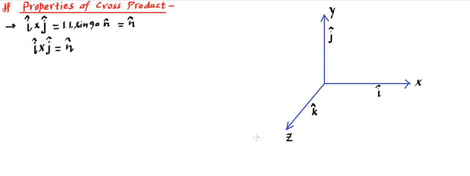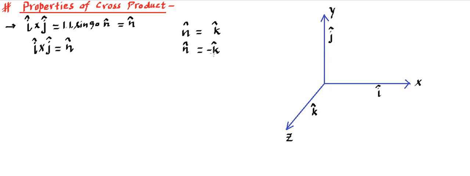That means either it will be in the outward direction, the z direction, or it will be in the inward direction, the minus z direction. That means this n cap has two options: either it will be in the direction of k cap, or in the direction of minus k cap. Making sense?